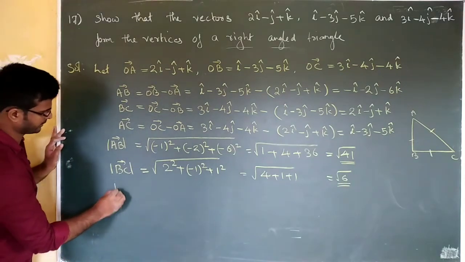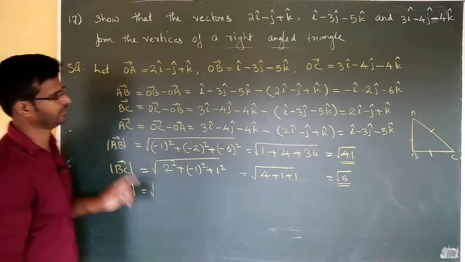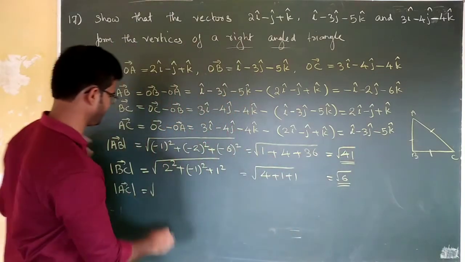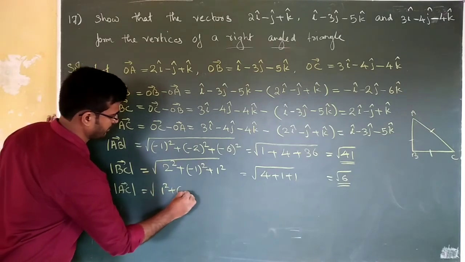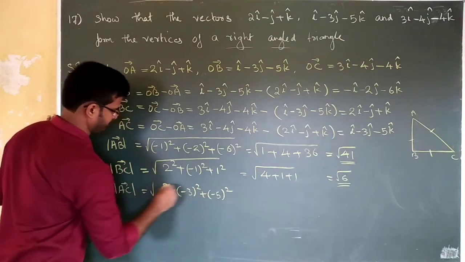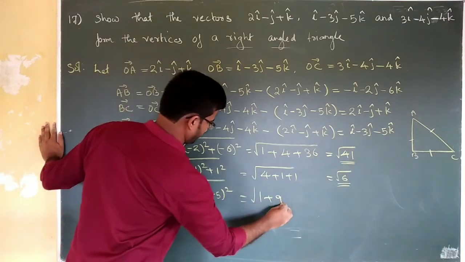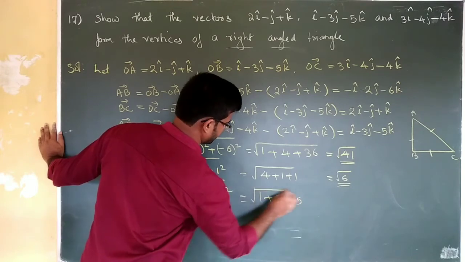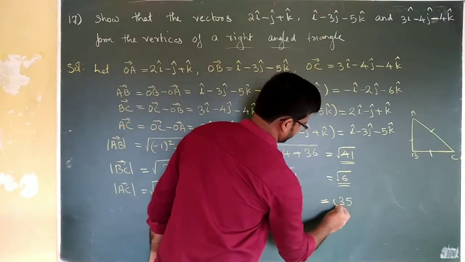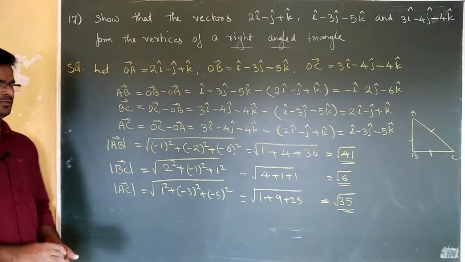Next, magnitude of AC vector. AC vector is i minus 3j minus 5k. From there we can write 1 square plus minus 3 square plus minus 5 square. 1 plus 9 plus 25 is 35. Square root of 35.